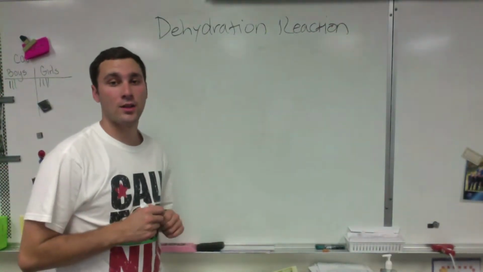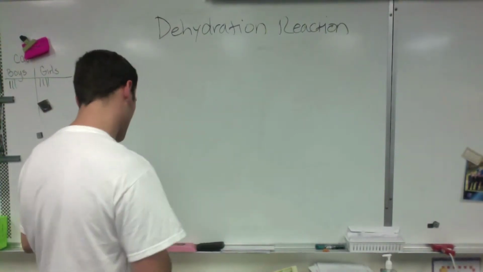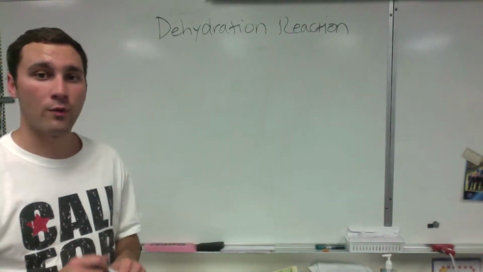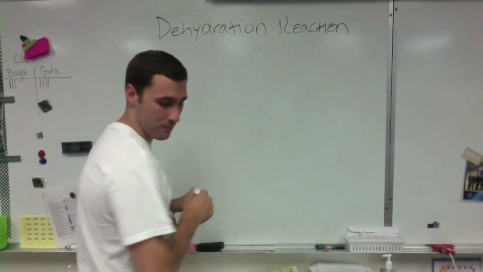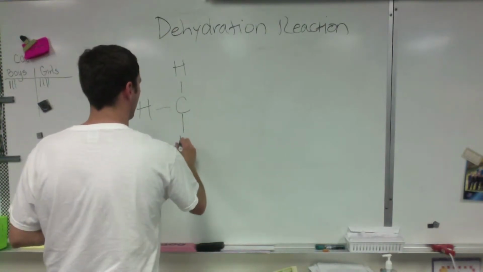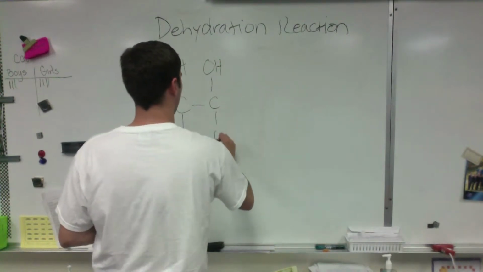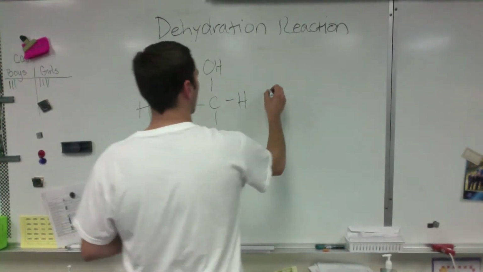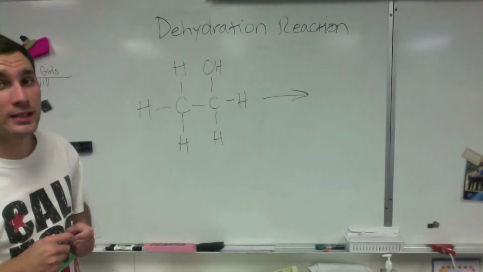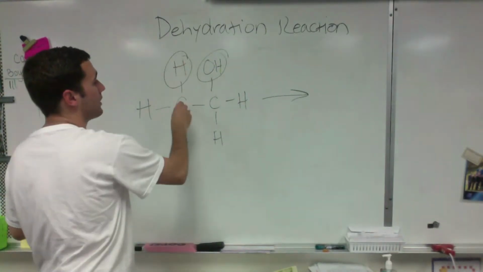Now, a dehydration reaction is when an alcohol is reacted with a strong acid catalyst to form an alkene. In a dehydration reaction, an OH is lost from one carbon and an H is lost from another carbon to form an alkene. An example of this is: in a dehydration reaction, an alcohol loses an OH and an H from the adjacent carbon.